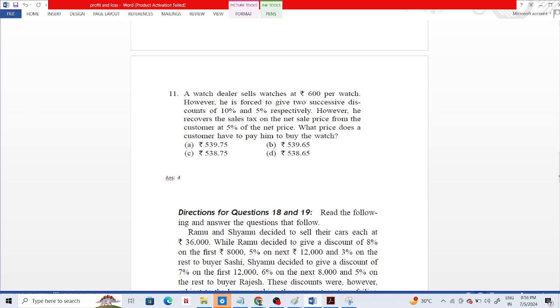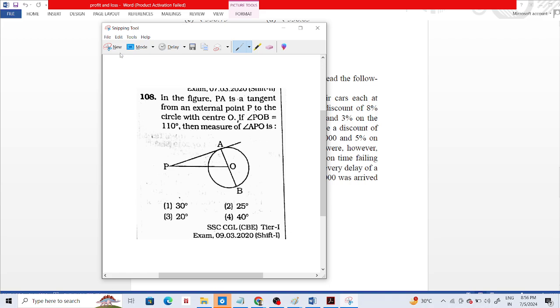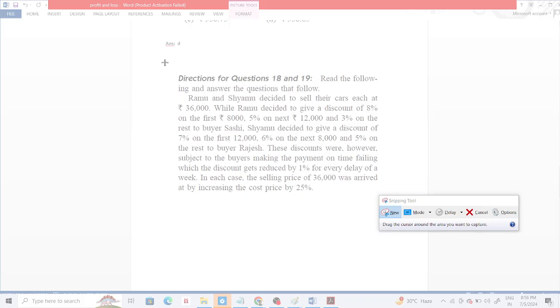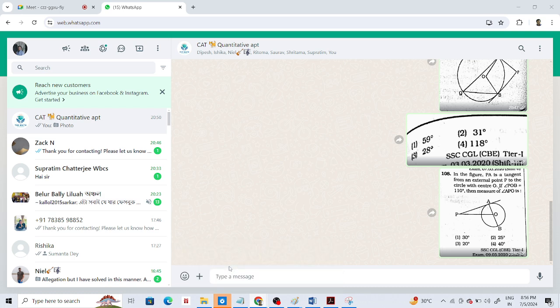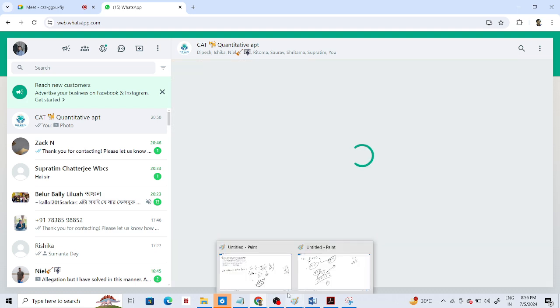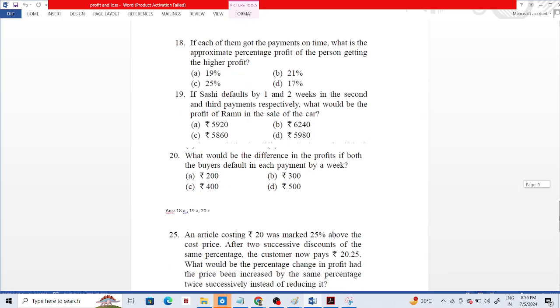Now this is a direction sum which is very important for CAT, as well as for MAT as well. Okay, I need to share this solution also, right?